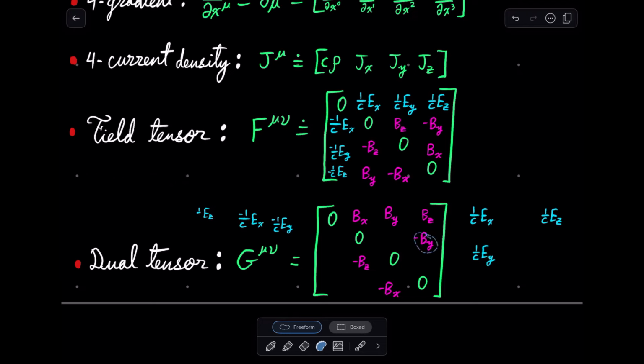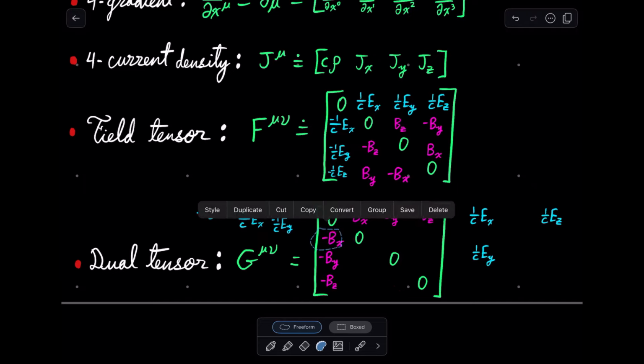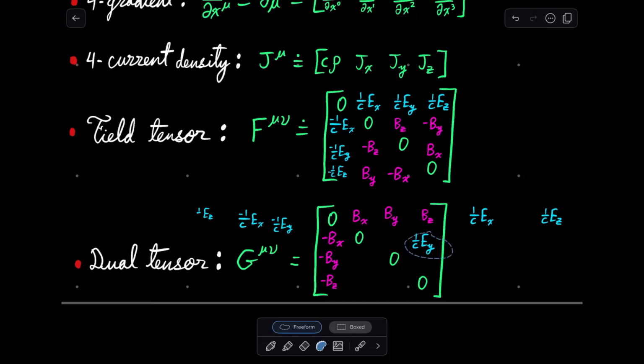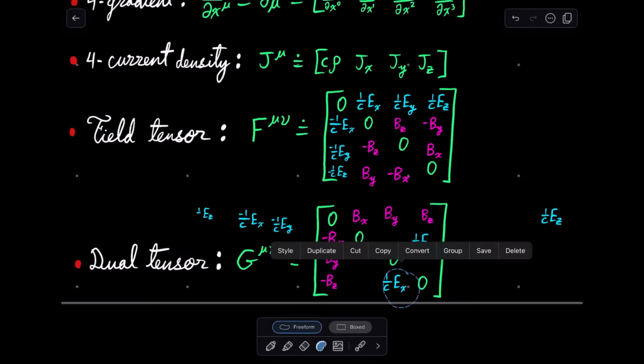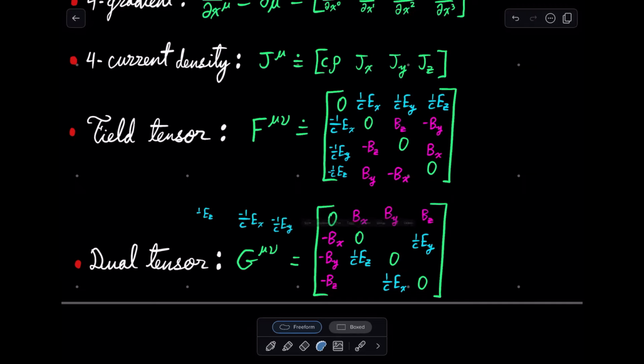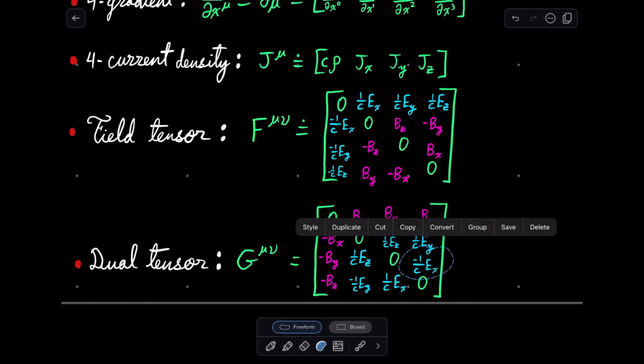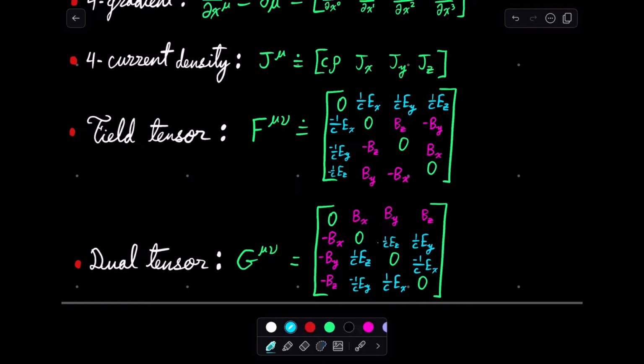And then you get that there, that there, that there, there, there, there, there, and there. And this is the dual tensor.